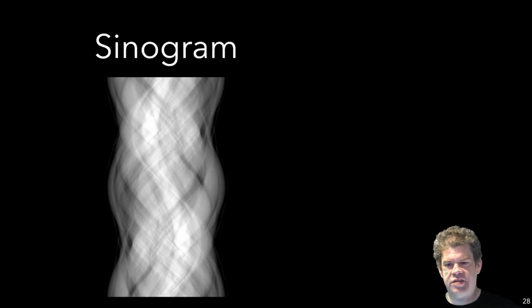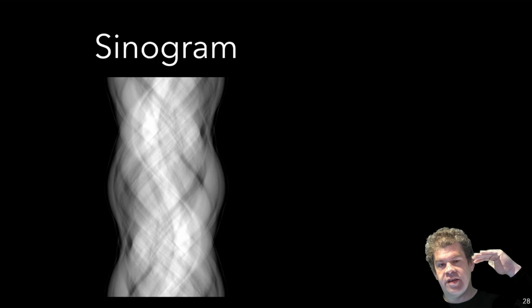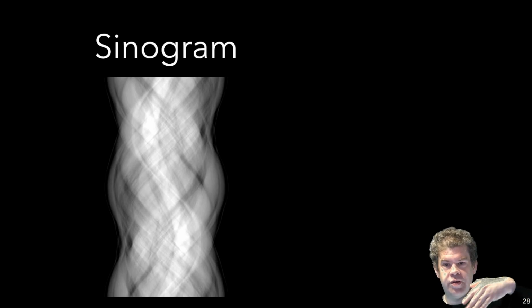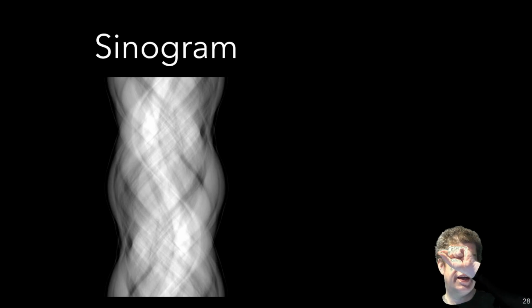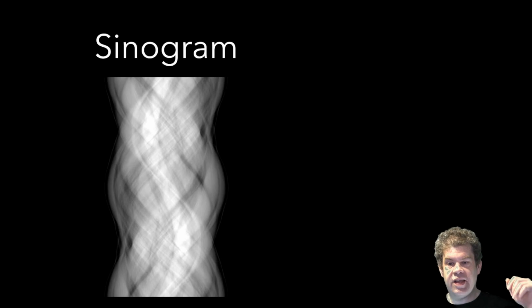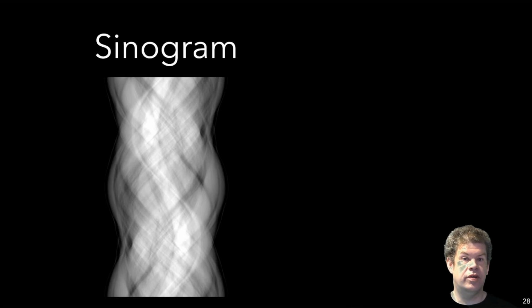I don't think there are humans around that can interpret this sinogram directly. But what is it? Well, it's a stack of, when I do this full revolution, right? Every time I do one of those CT scans from one direction, I get a line. Now I do the next direction, I get a line, next direction, line. And I stack these lines on top of each other to get a two-dimensional image. Here it is. It's pretty worthless, at least if I look at it directly.